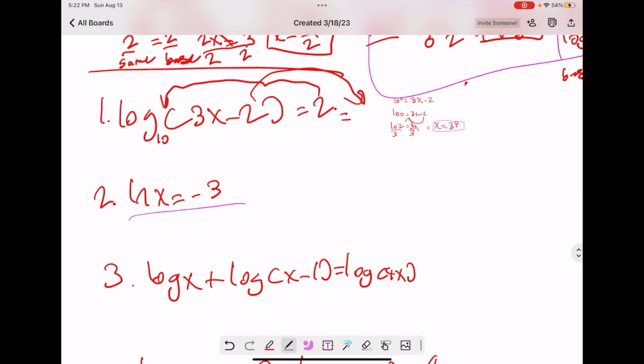So, another huge rule: ln, or natural logarithm, is equal to log base e. e is a mathematical number that is approximately equal to 2.71.